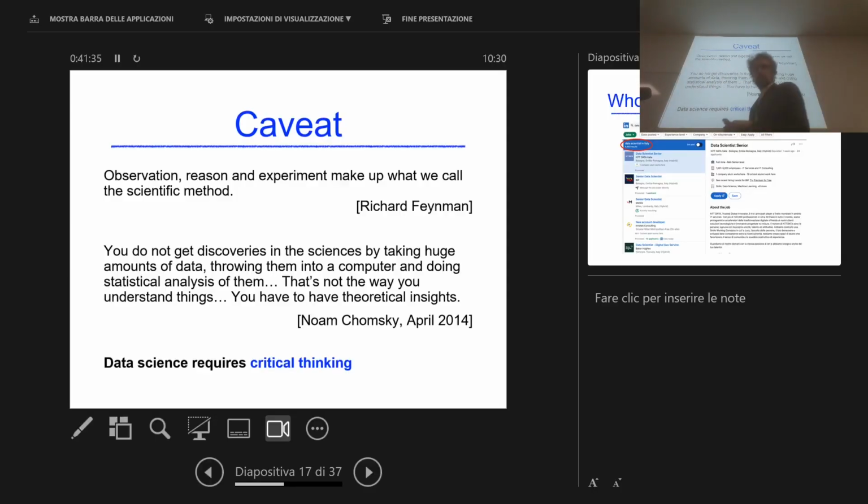One thing that is, as I said, the main lesson that I hope you will take away from this course is the bottom line, that doing data science requires critical thinking. Many people approach data science like this. Okay, cool.